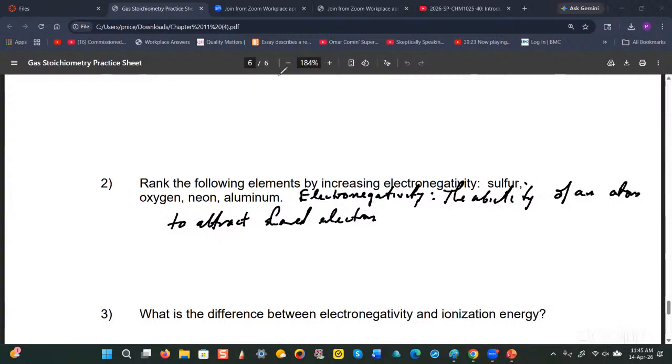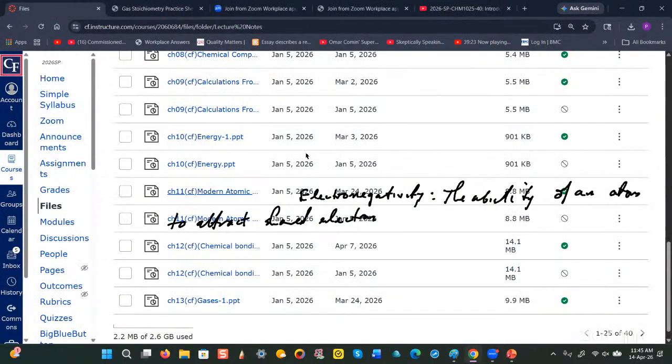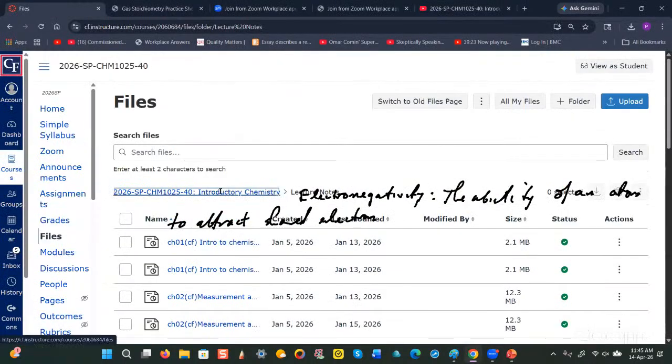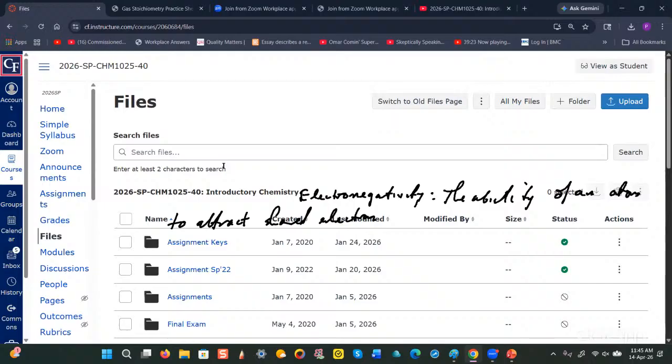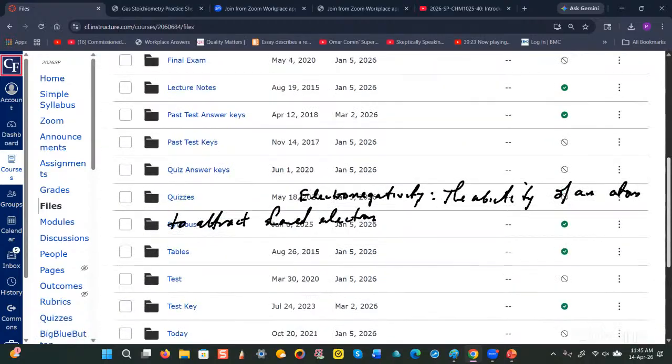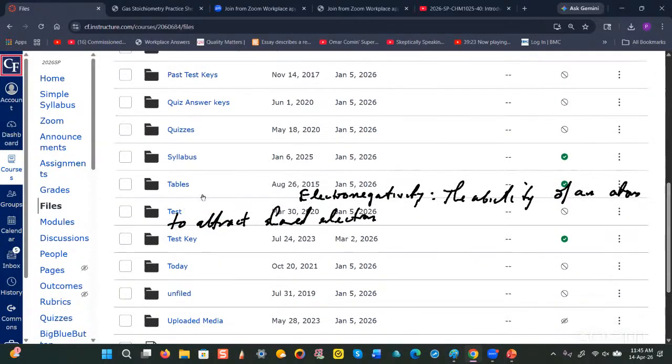in Canvas, the same chart, the same packet that I've provided for you guys. Let me just show you what that looks like. We go here. And also one about the ionization. Yeah, we're gonna talk about that.